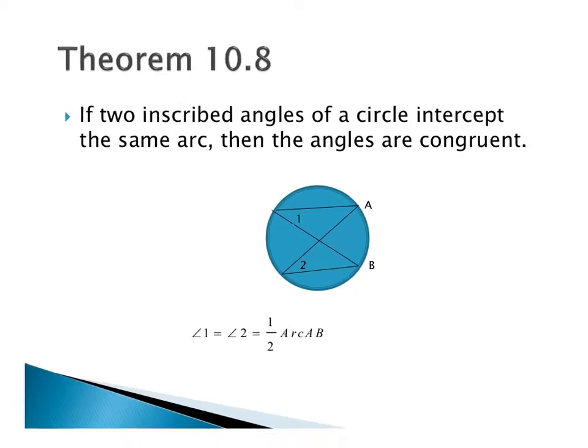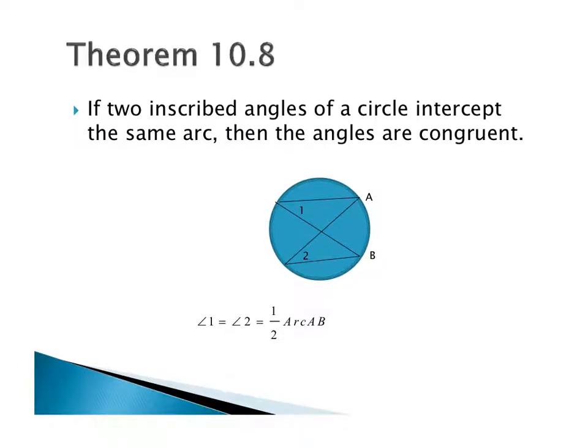Theorem 10.8. We're still talking about inscribed angles. However, if 2 inscribed angles of a circle intercept the same arc, then the angles are congruent. So I'm going to trace over some of the lines to show you where angle 1 is and where angle 2 is.